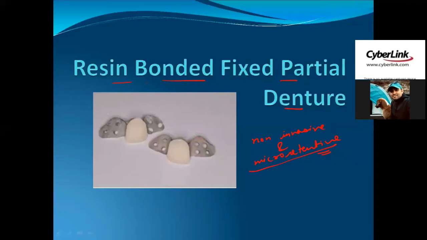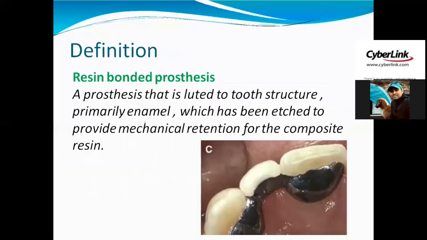These surfaces bond on the abutments without any invasion. We etch the abutments lingually or on the proximal surfaces, and we place resin in between, and the resin makes mechanical retention with these wings, so as to retain the pontic.